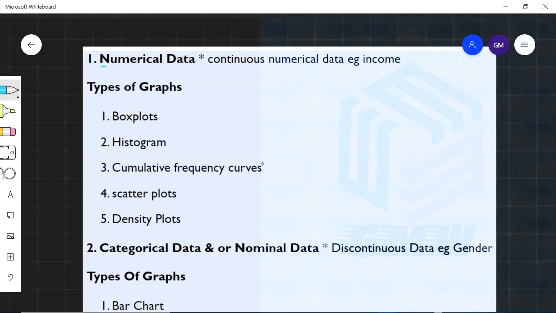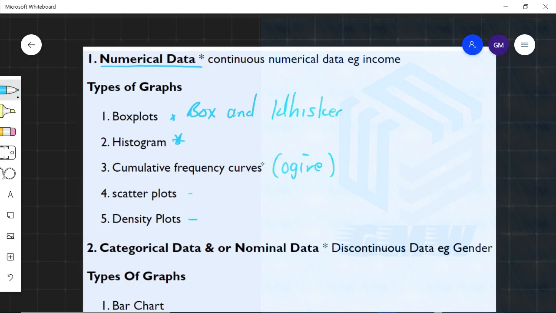So under numerical data, we have what we call box plots. These ones, you know them as box and whisker plots from lower grades, right? We have what we call histograms. We have cumulative frequency curves. You know them as ogives. We have scatter plots.